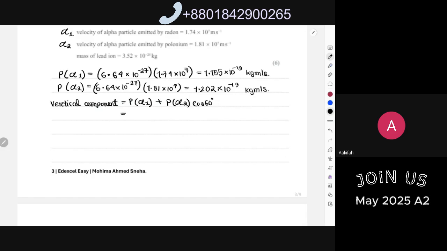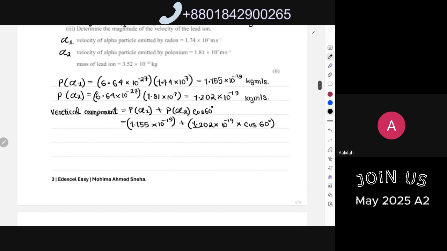Momentum for alpha 1 was 1.155 × 10^-19 added with momentum for alpha 2, which was 1.202 × 10^-19 multiplied with cos 60 degree. Please recalculate this, and in the meanwhile, I think Tarushi, you missed a few parts. I'll just repeat it, okay? Others, please try to calculate this in the meanwhile.